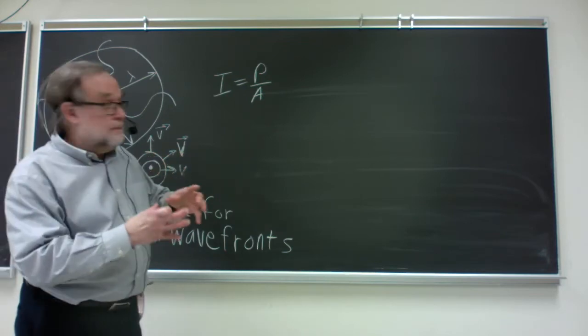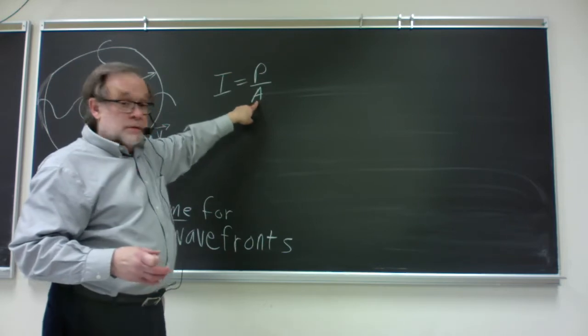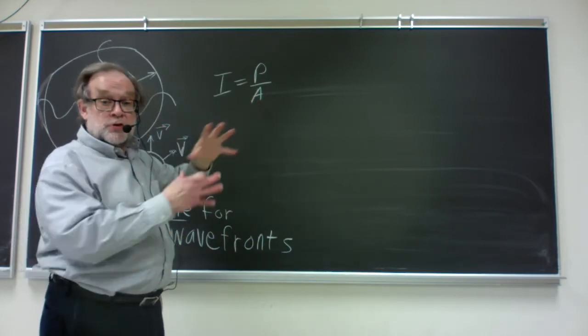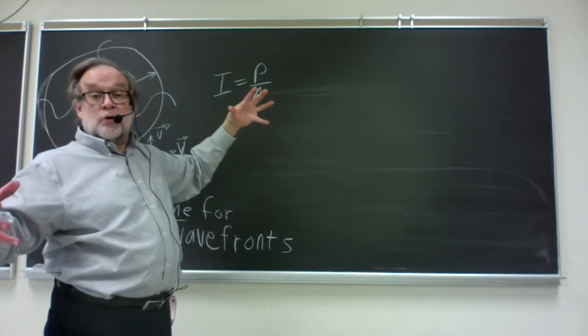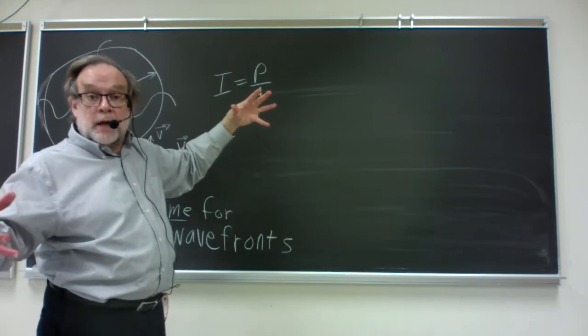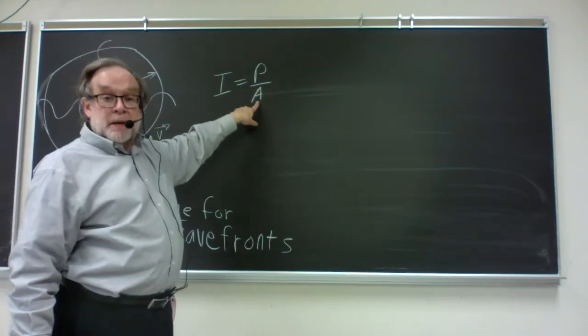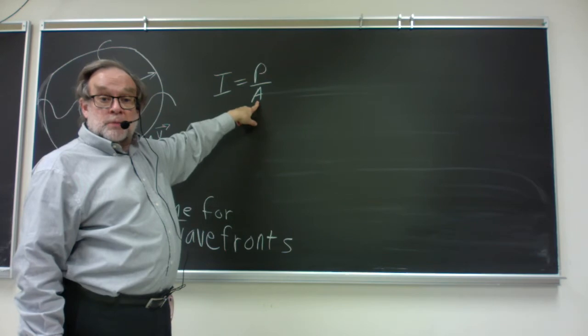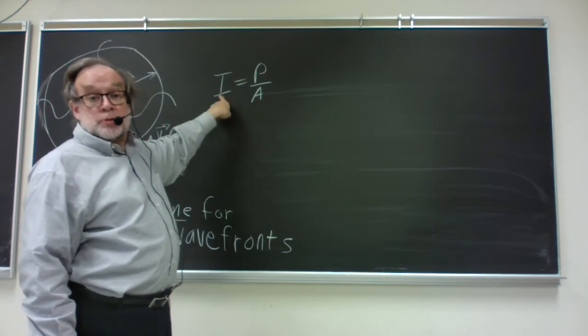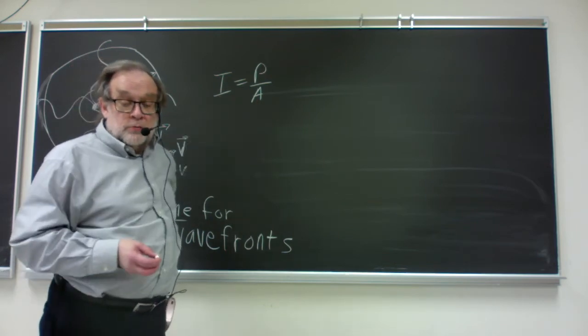So this doesn't change, but as you get farther and farther from the source, you're looking at spheres of bigger and bigger radius, so bigger and bigger area. This gets bigger the farther you get from the source, so this gets smaller the farther away you get from the source.